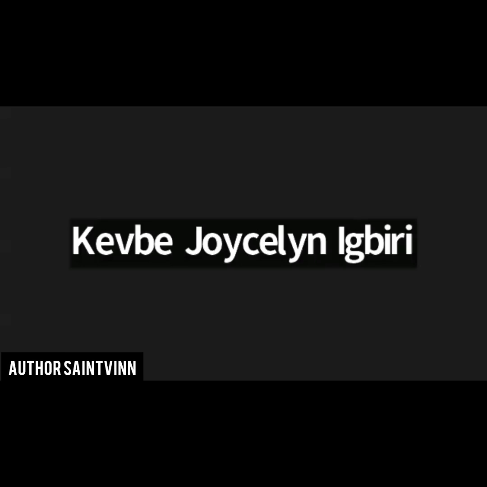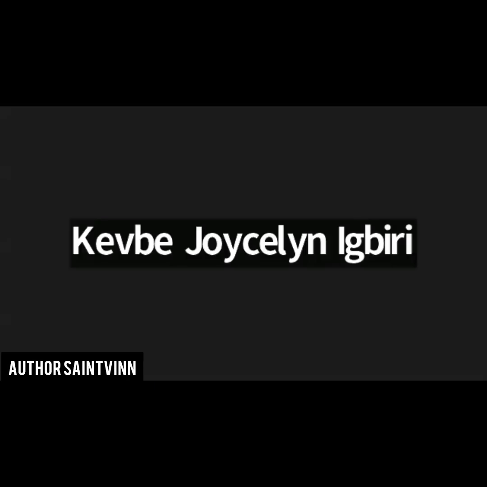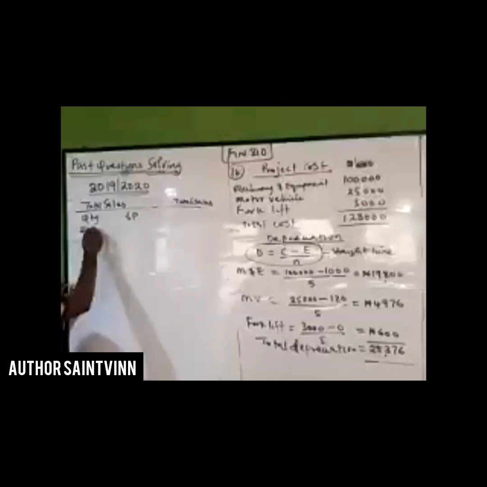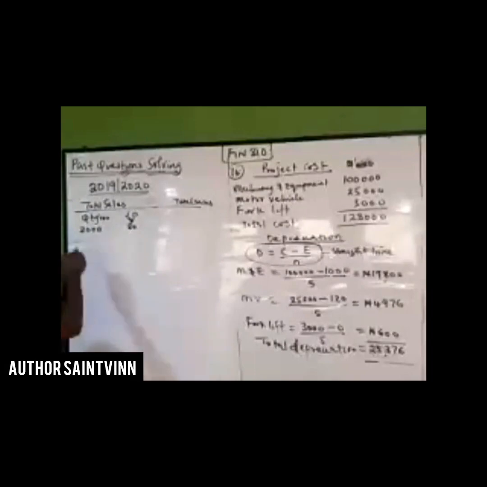Let me do it here. Here is quantity. The volume for year one is 2 million. This is 2 million. Selling price, that one is not a problem. Okay, sorry, this is year one.